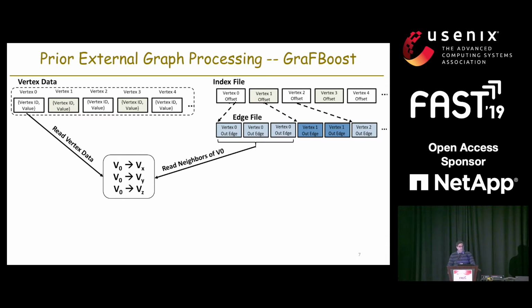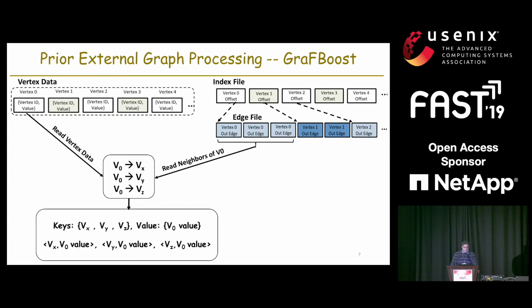So we have 3 edges here. And now V0 wants to send its value or its update to its neighbors. The updates are generated in a key-value form where keys are the IDs of neighboring vertices or destination vertices, and the value is the value of V0.